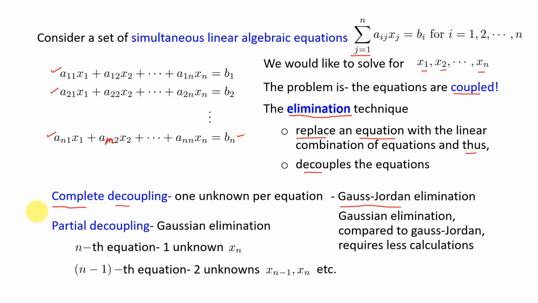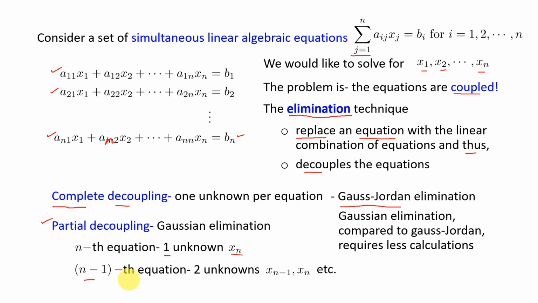The other type of elimination that we are really interested in is Gaussian elimination. In Gaussian elimination, we don't go for a complete decoupling as in Gauss-Jordan. Rather, we create a system where the nth equation will have only one unknown, that is xn.